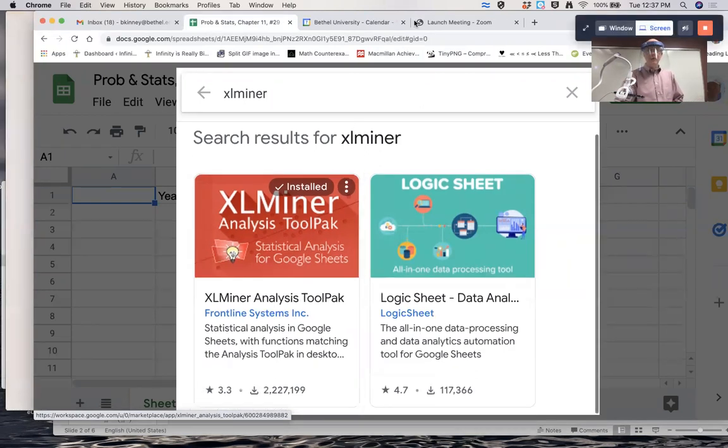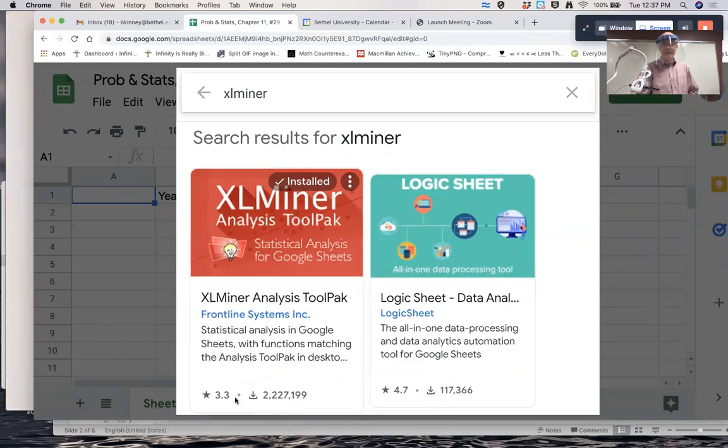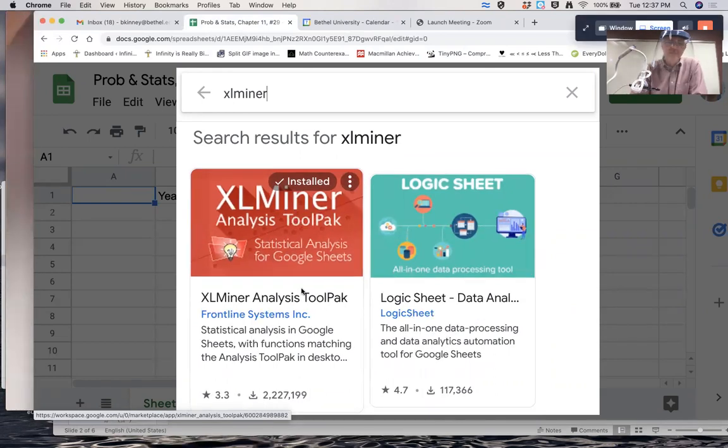It's what I'm used to. I was noticing just today that XLMiner Analysis Toolpak has a lot of downloads, but it doesn't get very good ratings compared to this other one that I just saw here, Logic Sheet. I've never used Logic Sheet, but it gets better ratings. So maybe I'll try it sometime over Christmas break or something, see how it goes. But this is what I'm used to, so I'm saying go ahead and load this, and you need to do this for Thursday's assignment.